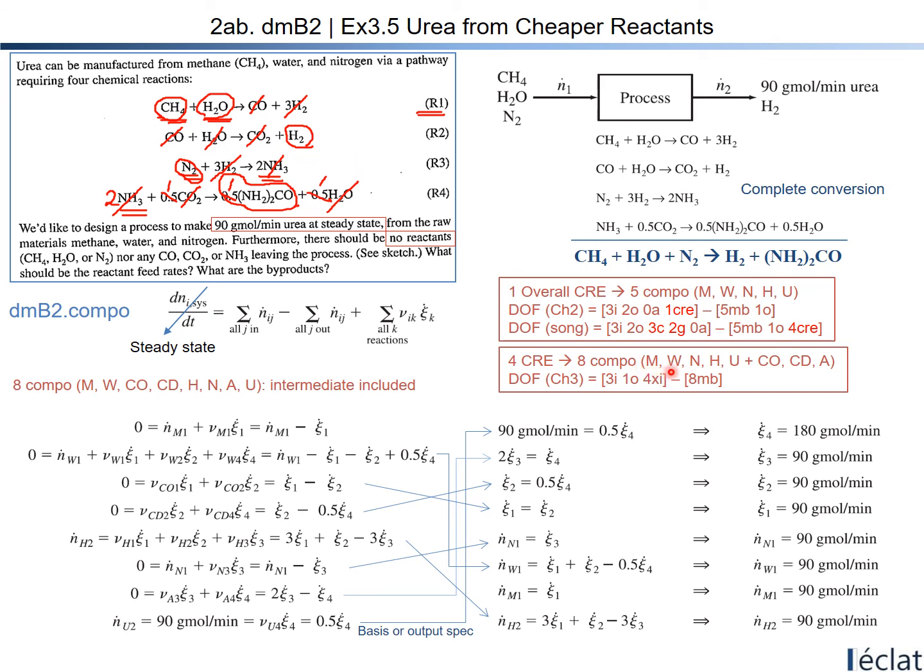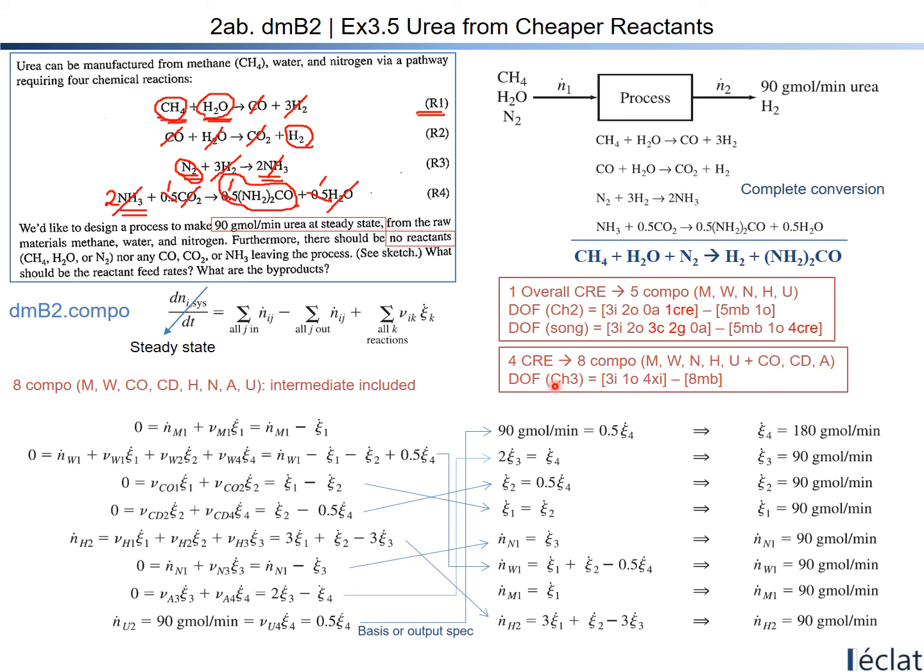Methane, water, nitrogen as reactant, and hydrogen, urea as the product, plus 3 intermediates are considered as the compounds. So CO and CO2 and ammonia. So 8 components means 8 material balances are available for these problems.